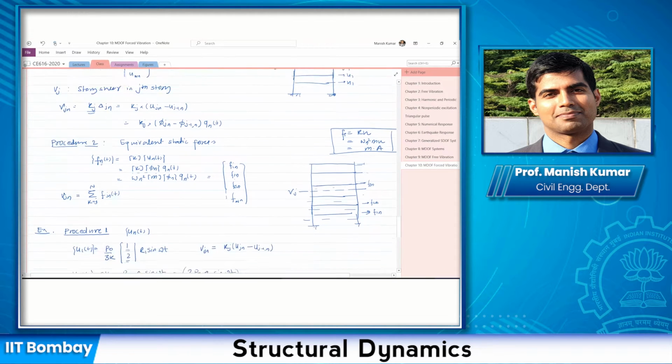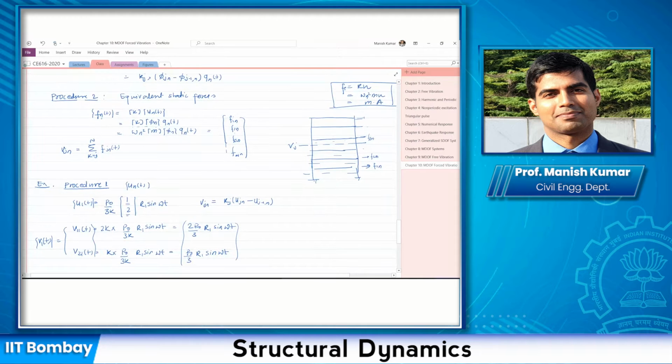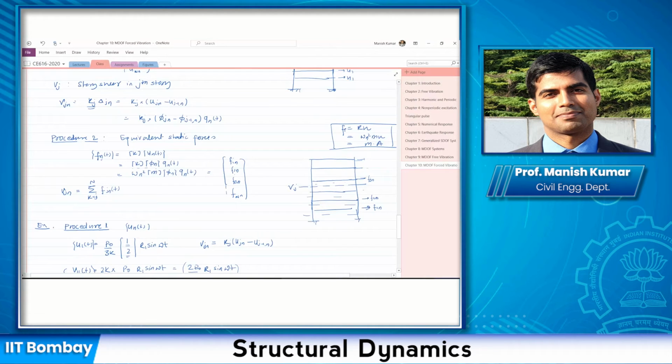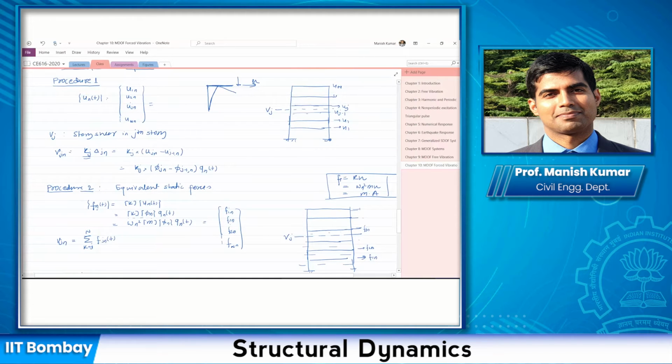Remember, the first approach is something like this: you know the stiffness, and you relate it to the displacement. Displacement is known for each mode, and element stiffnesses can be used to relate it to the forces. So we are making use of displacement.